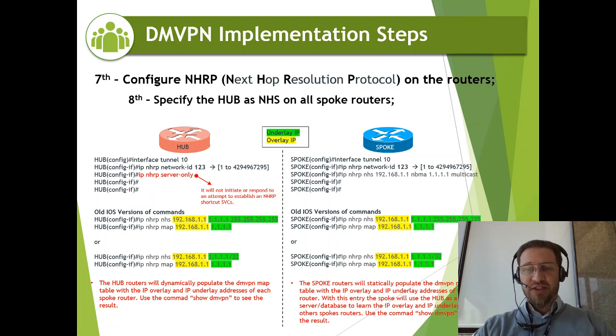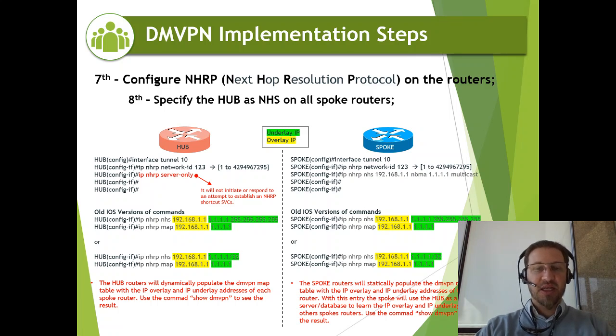On old IOS versions, we should tell the hub router that it is the NHS router too. So we should add this static mapping using the commands IP NHRP NHS and IP NHRP map.